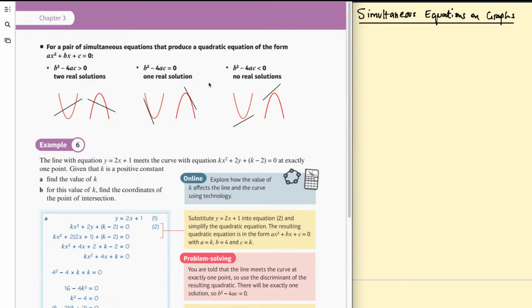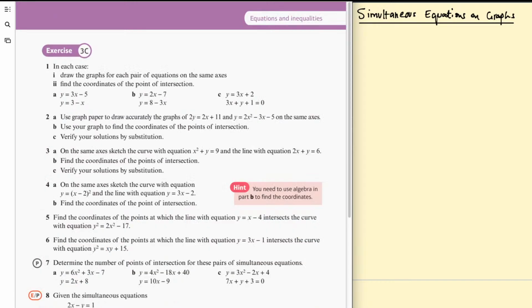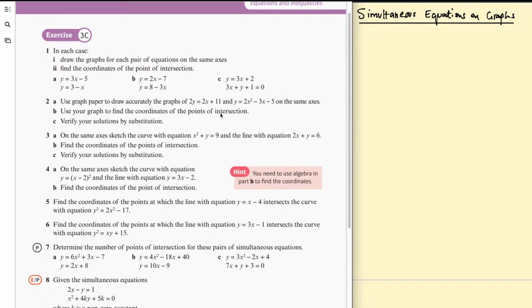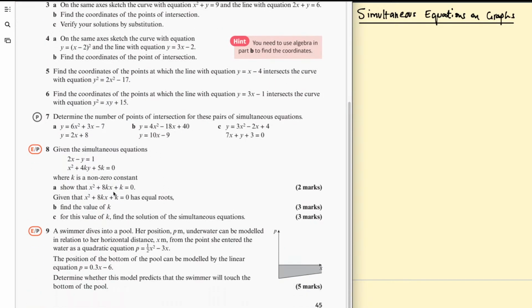Also, we said that a quadratic and a linear equation can have two solutions, one solution or no solutions. And that's about where we got to, and I didn't quite finish off these questions, so that's what I'm going to be doing today. So starting on question 7 then.